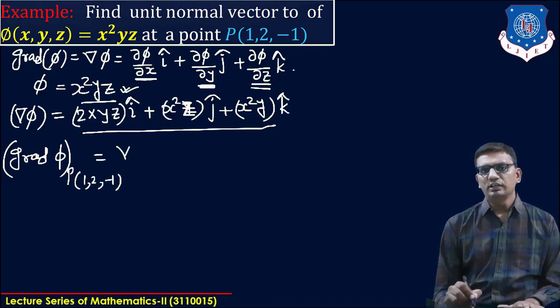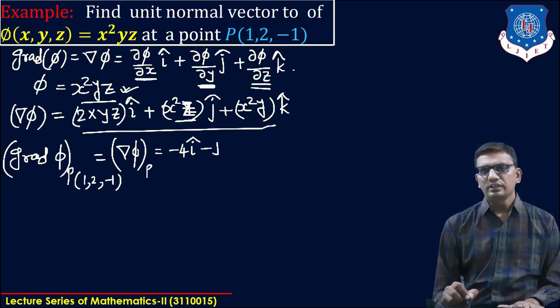Now we will put the value of x equal to 1, y equal to 2 and z equal to -1 in the gradient of phi. So we have -4 i caret, and in the second part we have -j caret, and in the third part we have only 2k caret.